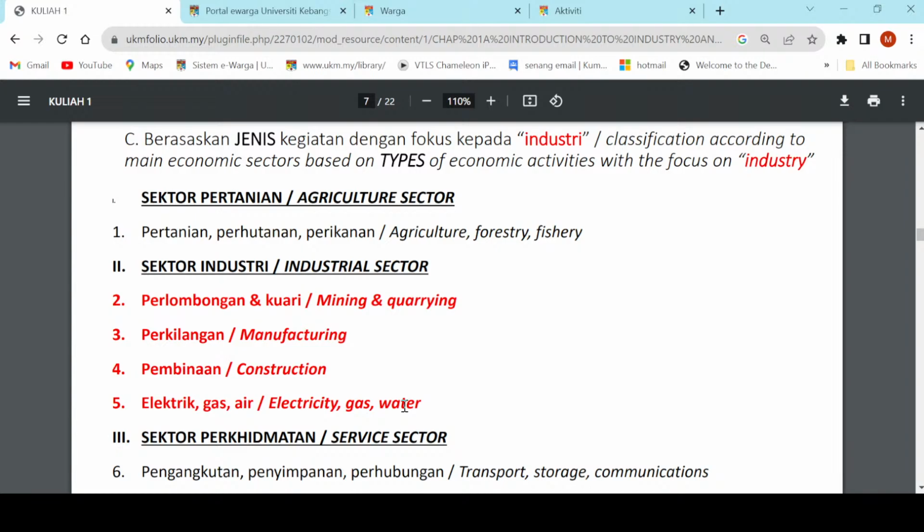This is what makes Singapore Singapore, because of the natural advantage of location.